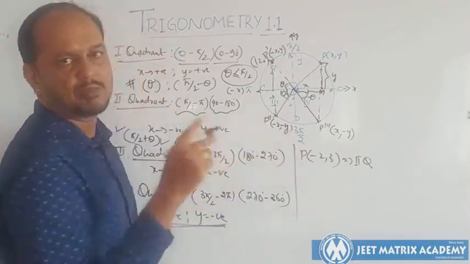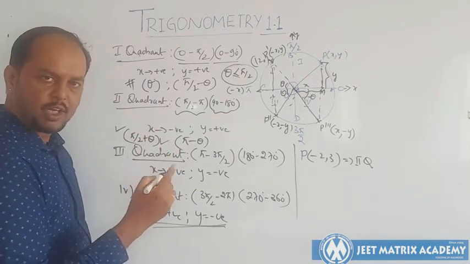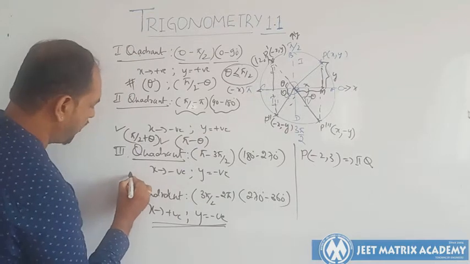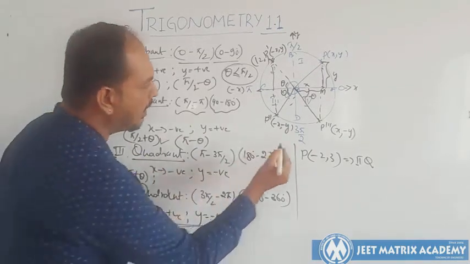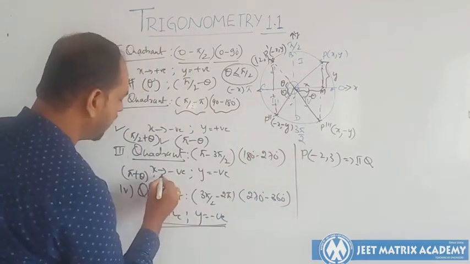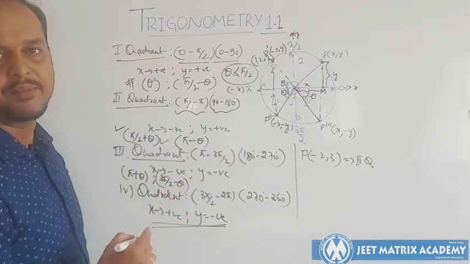So for the third quadrant, how do you represent it in terms of coordinates? Minus x, minus y, both coordinates will be negative. Plus one more way, you can say pi plus theta, as well as 270 minus theta, that means 3 pi by 2 minus theta. Both ways you can say.